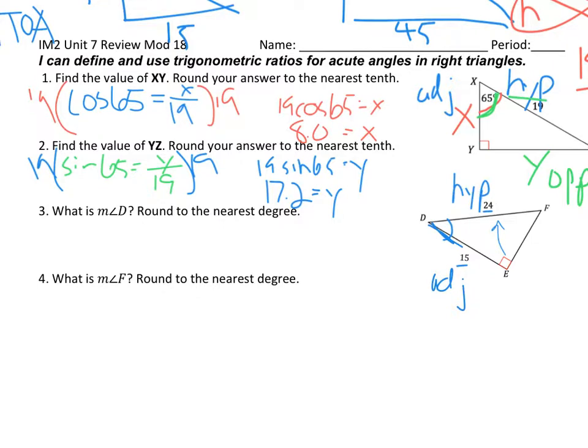So as we already talked about, adjacent over hypotenuse is cosine. So we would write cosine, and it's cosine of our angle. In this case, we don't know our angle, so it's cosine of D equals adjacent, which is 15, over hypotenuse, which is 24. Now we're solving for an angle, which means we need to do the inverse.